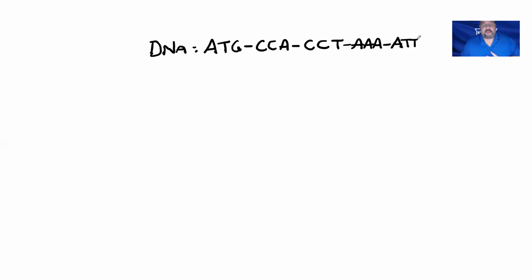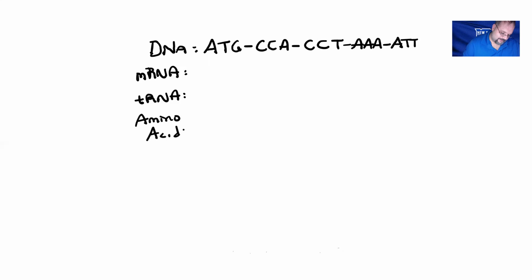Hopefully you caught that mistake, but if not, there it is. And I'll see if I can actually edit the video to take out that problem, but we'll see what we can do. All right, so we got messenger RNA, then we've got transfer RNA, and then we've got the amino acids.